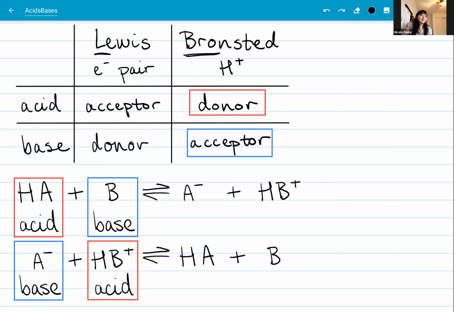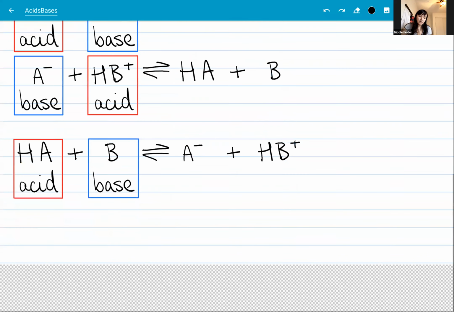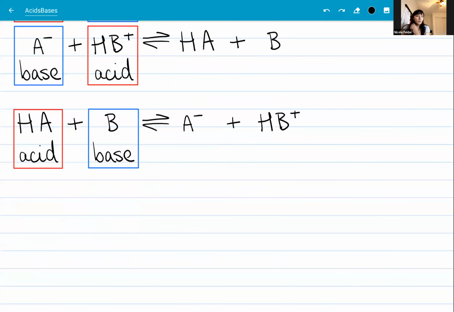We describe this relationship as an acid having a corresponding conjugate base, so that when the acid donates its proton, we're left with its conjugate base. Likewise, the base, B, after accepting a proton, turns into its conjugate acid, HB+.